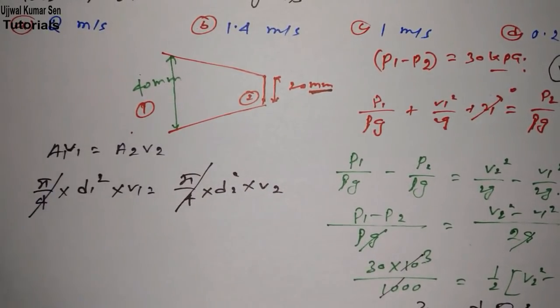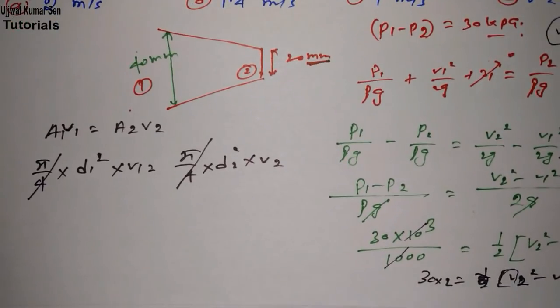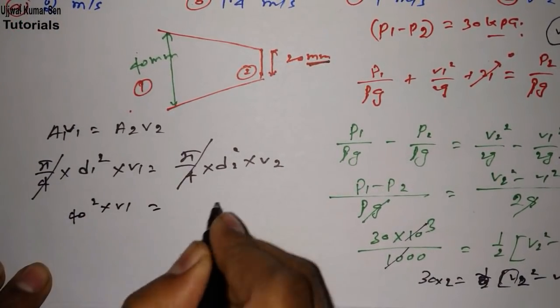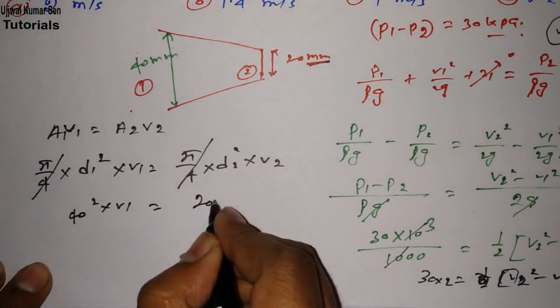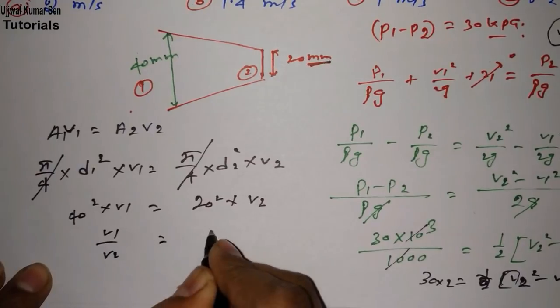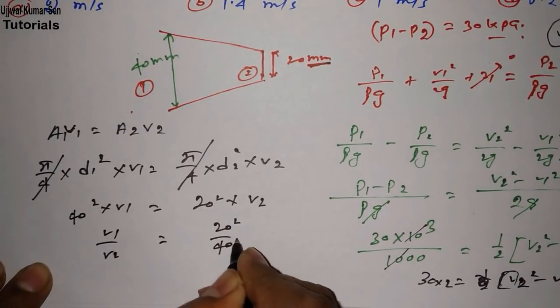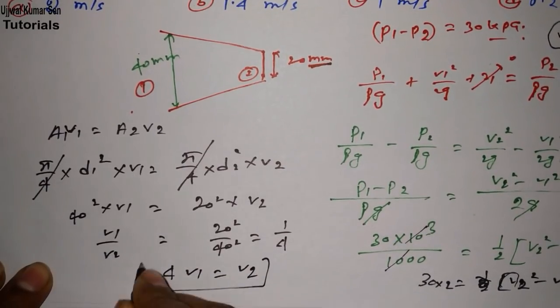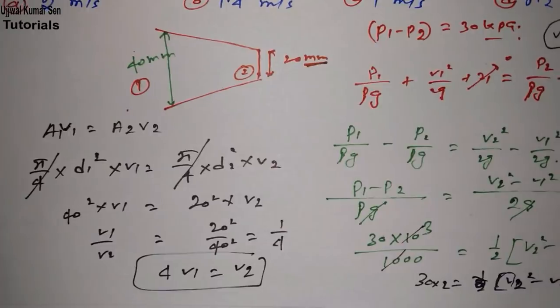So pi by 4 gets cancelled. D1 is 40, squared, times V1, and D2 is 20, squared, times V2. Sending V1 by V2 to this side, 20 square by 40 square means 1 by 4. So the relation is V2 is equal to 4 V1, right?